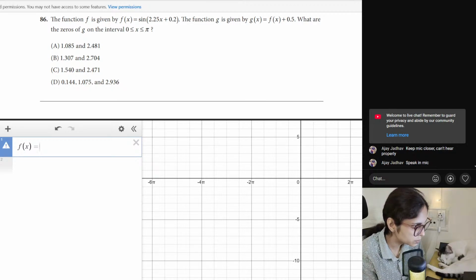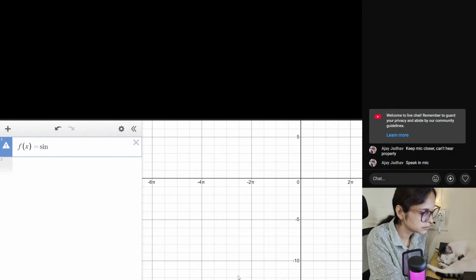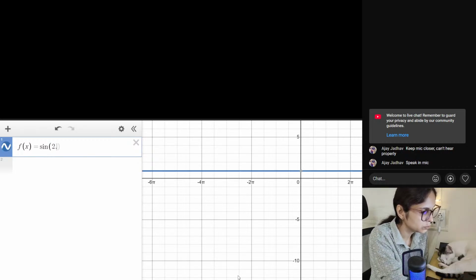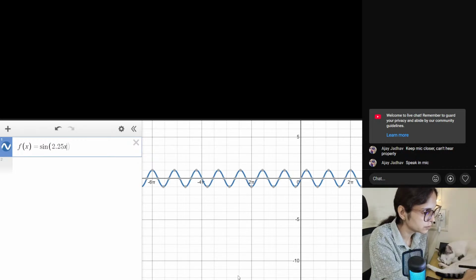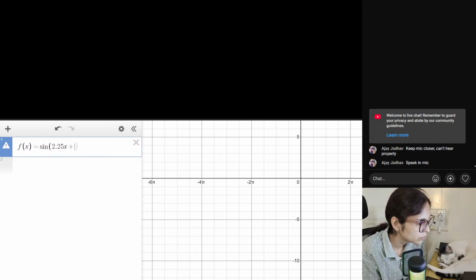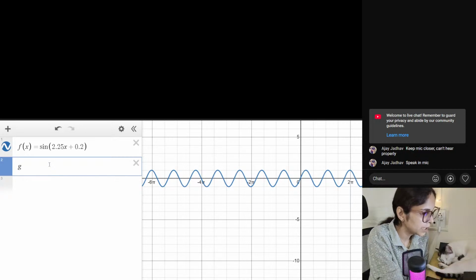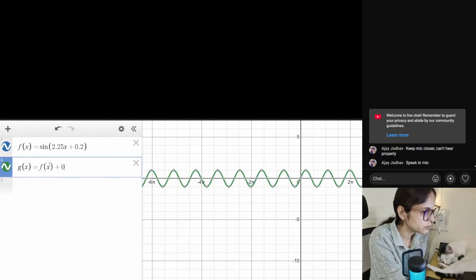First f of x will be sine 2.25x plus 0.2. And now g of x is f of x plus 0.5.